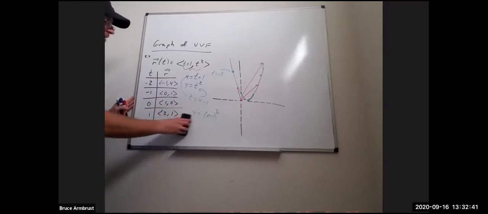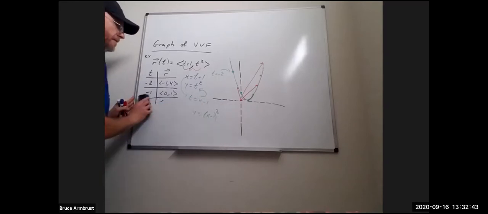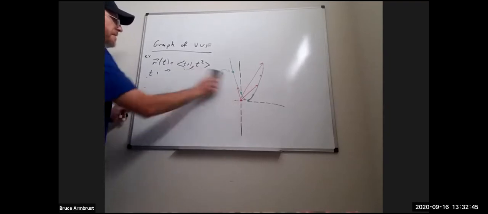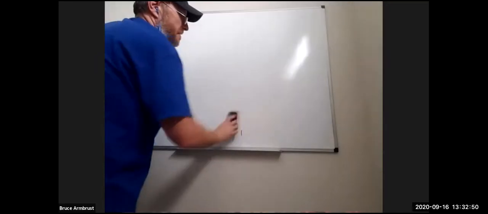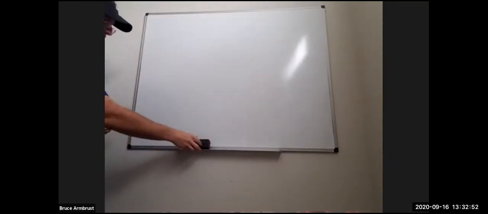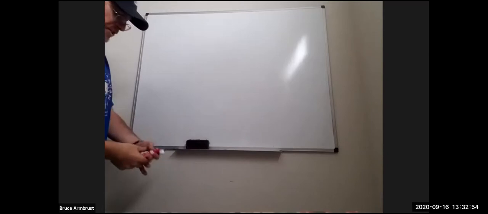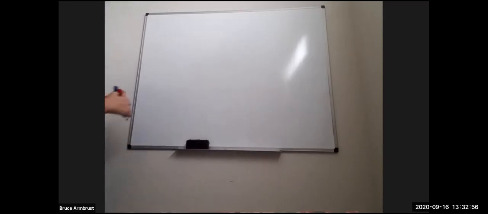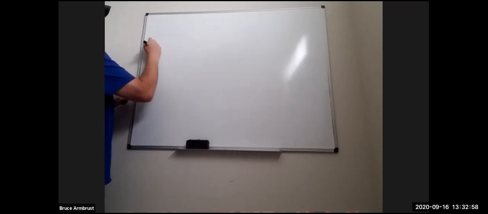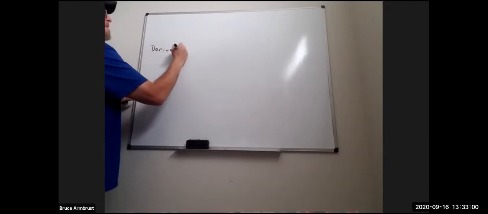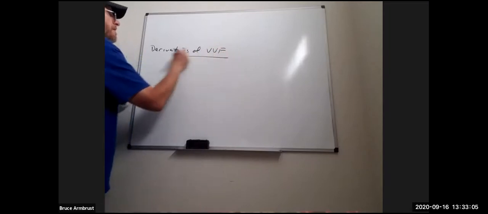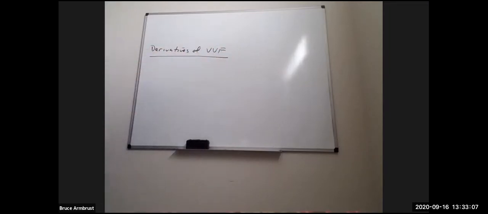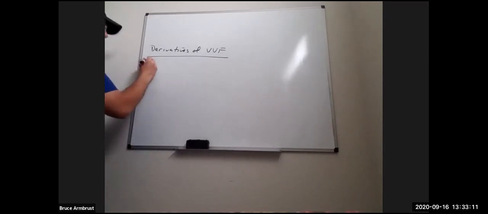All right, so now that we got graphs, let's talk derivatives. All right, it's time for me to start earning my money and actually teach you calculus. So let's look at derivatives of these things. All right, so the notation we use is going to be exactly the same.